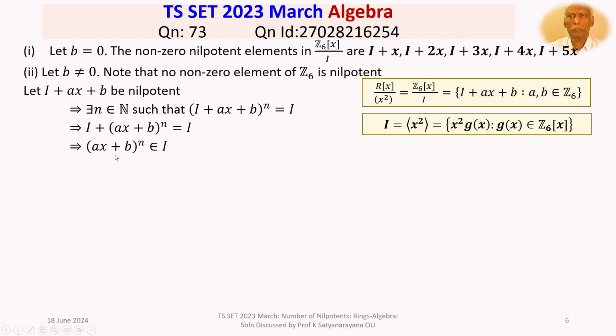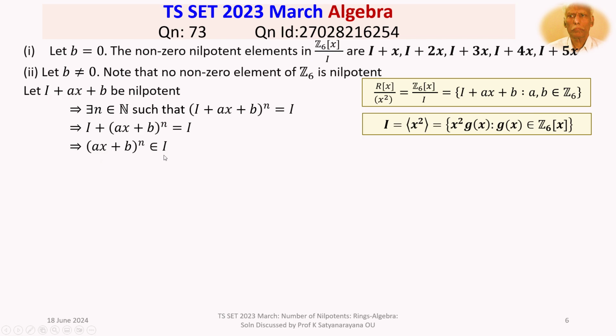Now let us expand this by means of the binomial theorem. One may ask the question, is the binomial theorem valid here? Yes. A, B are in Z6, and Z6[X] is a commutative ring, so even in the quotient ring also.